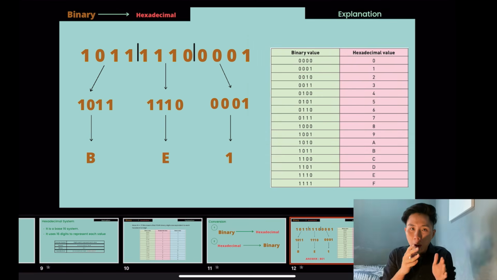Easy, right? One catch for you is that in the exam, you will have to construct this table by yourself. It won't be given. So it's important for us to construct this table by ourselves, right?